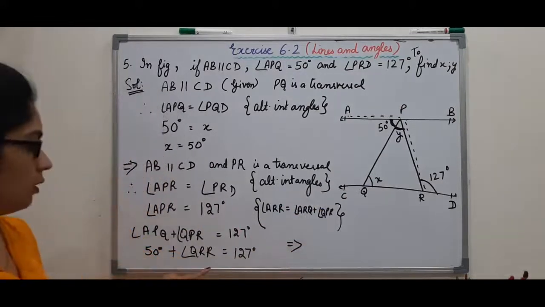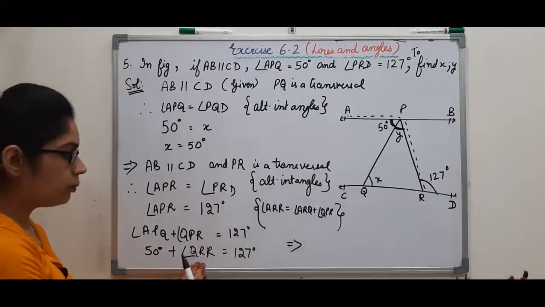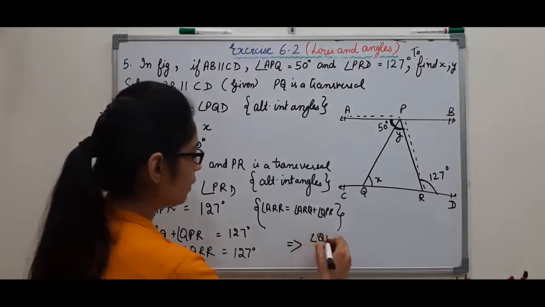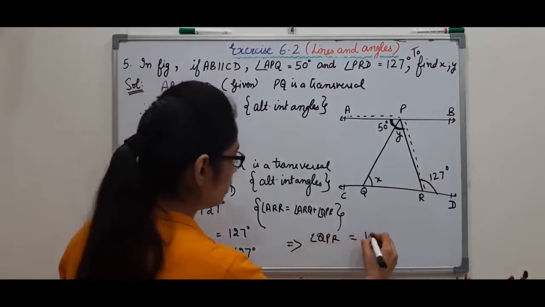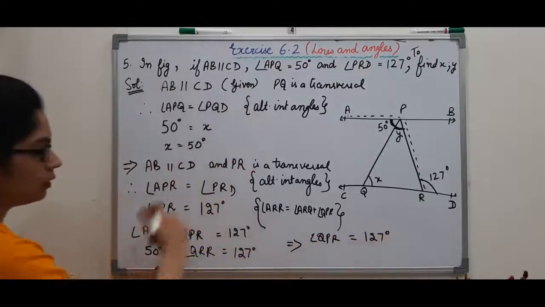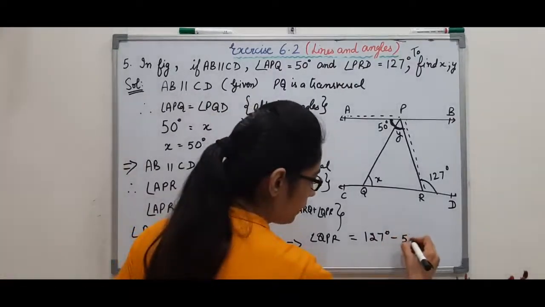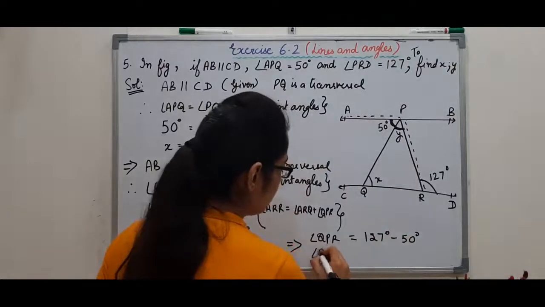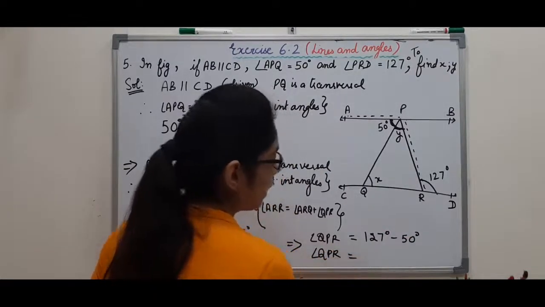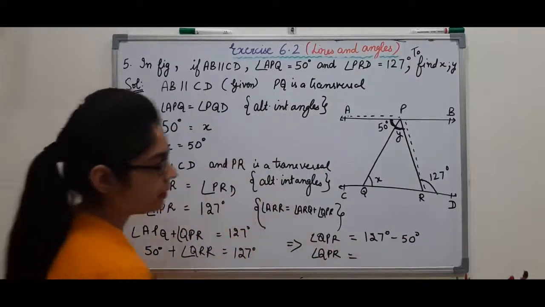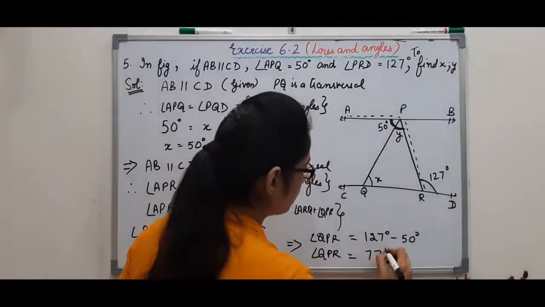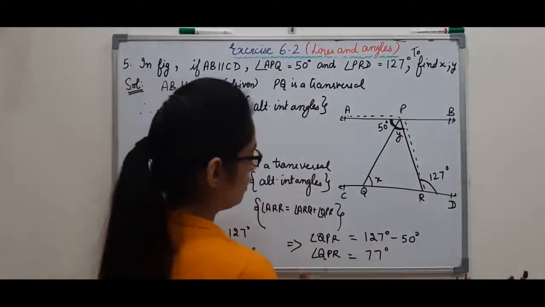Now we need to find the value of angle QPR. Let's keep QPR on one side and shift 50 to the other side. So plus 50 on changing the side will be changed to minus 50. Therefore angle QPR is equal to 127 minus 50 degrees, which is equal to 77 degrees.